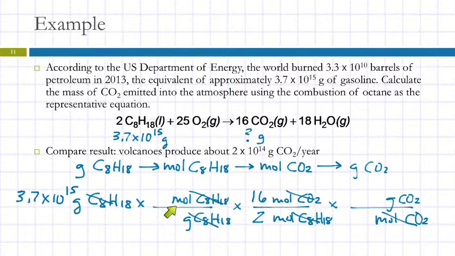The first one is a gram to mole conversion. The last one is a gram to mole conversion. I need molar masses. I have to calculate them. So I'm going to calculate them up here at the top. And I really encourage you to just write this out instead of punching it straight into your calculator, because it's easy to forget something and mess it up.